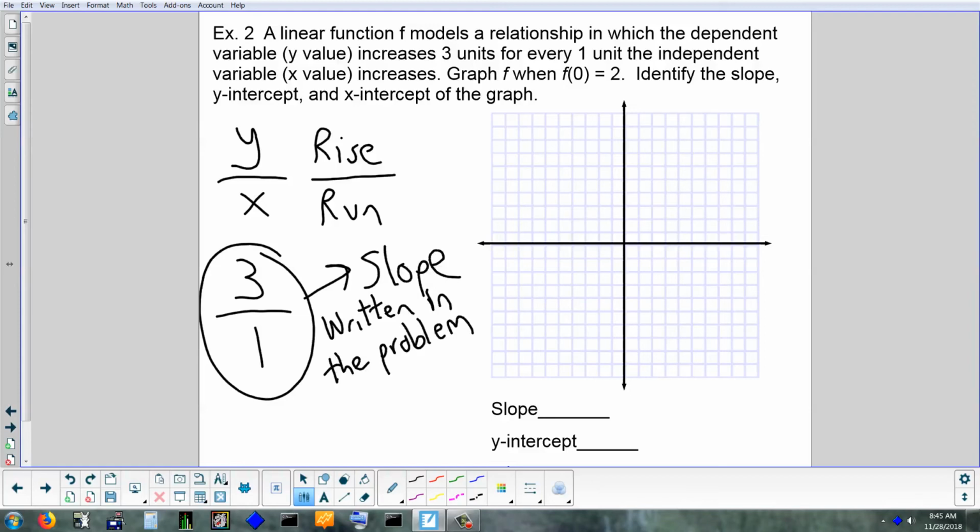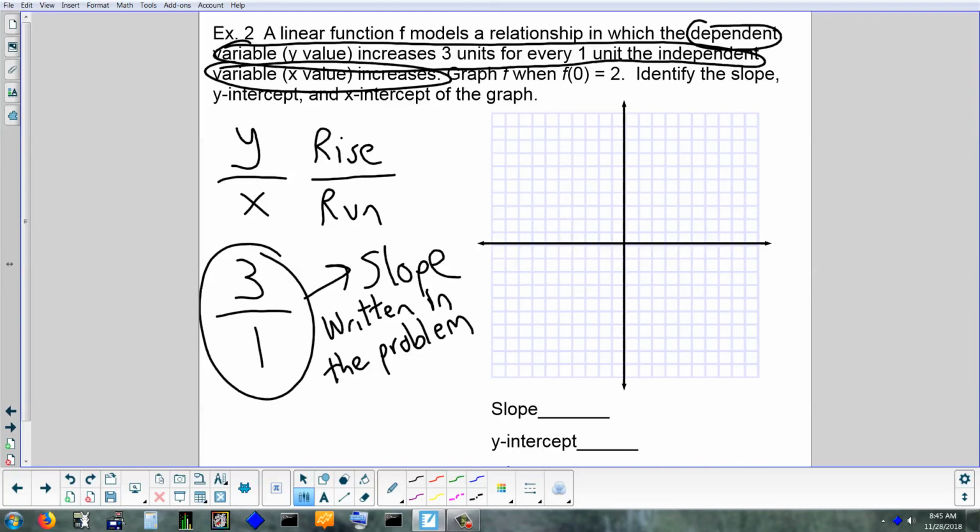But again, that's the slope. It's written in the problem, right? When I'm circling, everything I circled is the information given about the slope, right? It's written out, but it's still going to be 3 over 1, right? The y, the up or down, over the x, the left or right. Rise over run. So this is my slope.